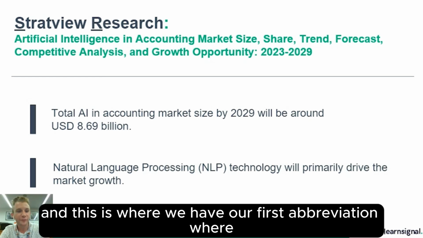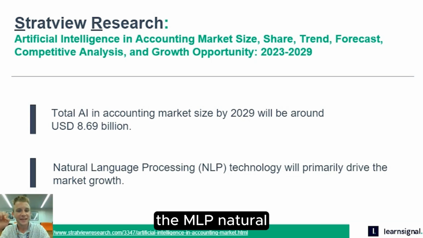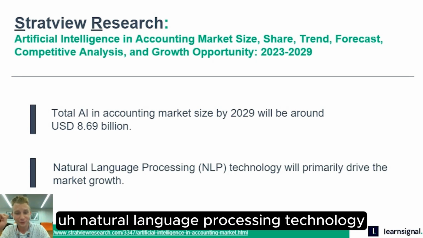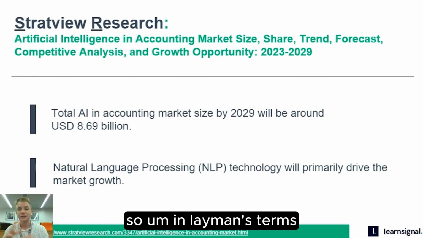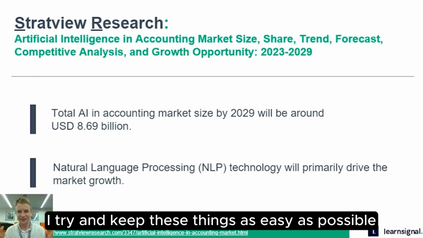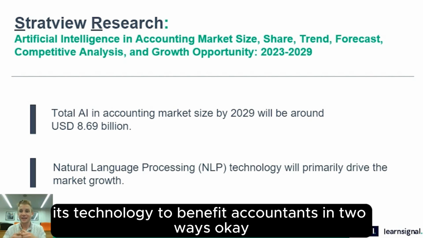And this is where we have our first abbreviation, where if there were some key things for you to note down today, I always try and highlight them. The NLP, natural language processing technology, will primarily drive the market growth. So in layman's terms, I try and keep these things as easy as possible. Basically, what it's saying here is AI is using its technology to benefit accountants in two ways.